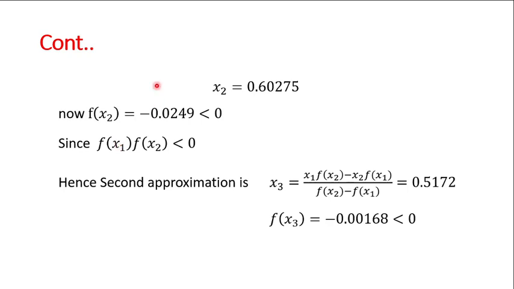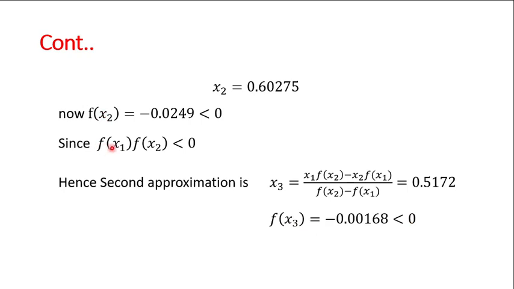Now comparing with the previous x2 value, the answer is not the same. Then we go to another approximation. Before that, we find f of x3. Here f of x3 is minus 0.00168, which is less than 0. Therefore, x3 replaces the x2 value.